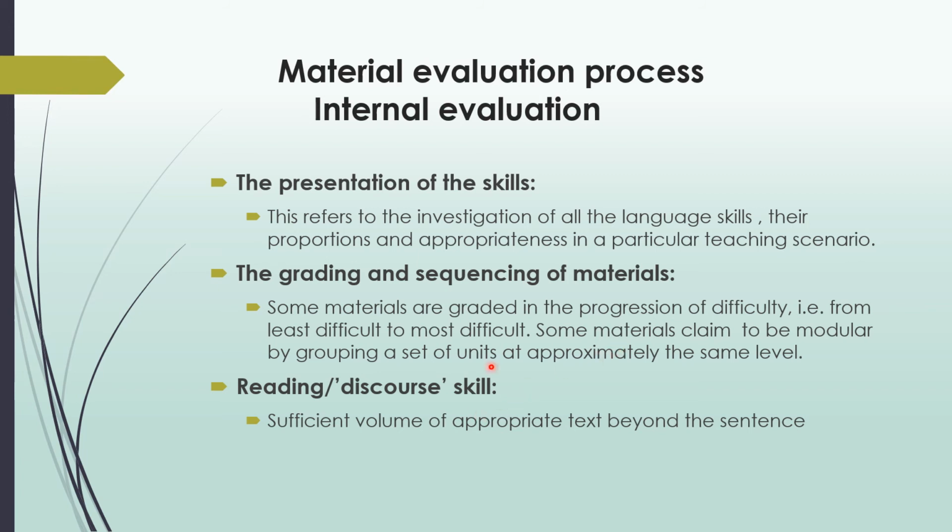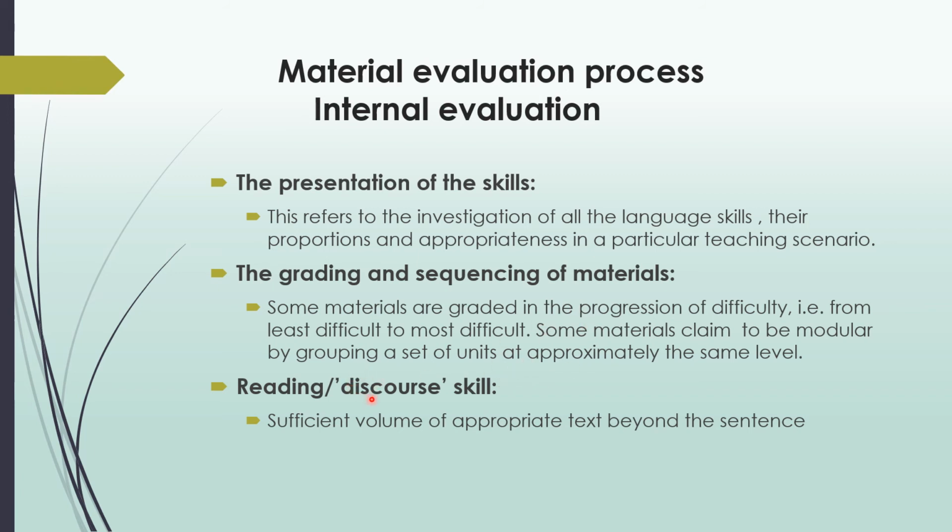Second, we need to identify whether some materials claim to be modular by grouping a set of units at approximately the same level, whether it is at the same level or they are gradually developing the difficulty level or not.